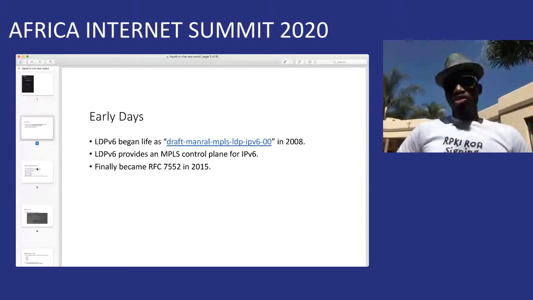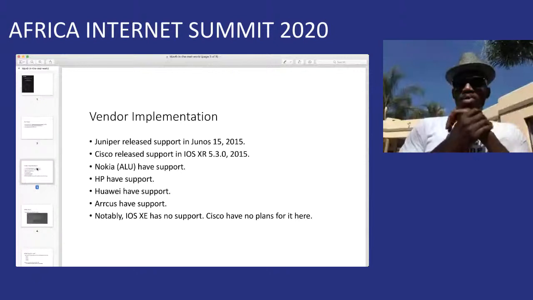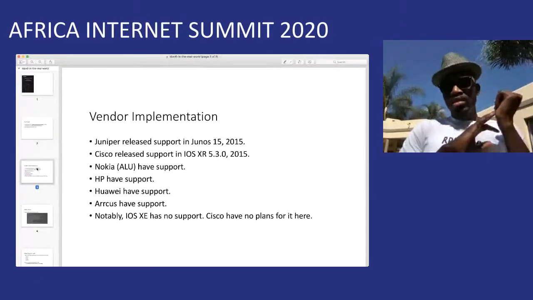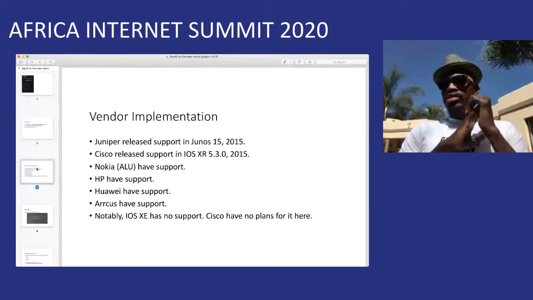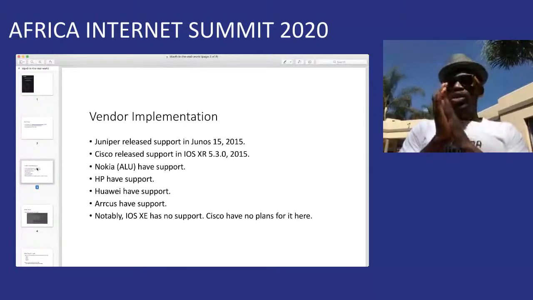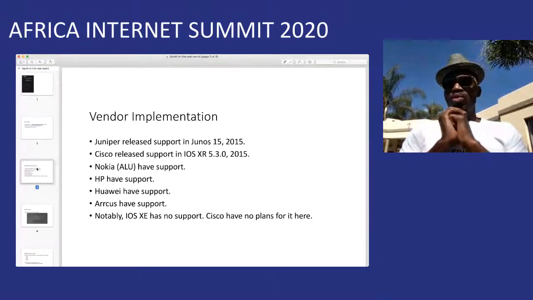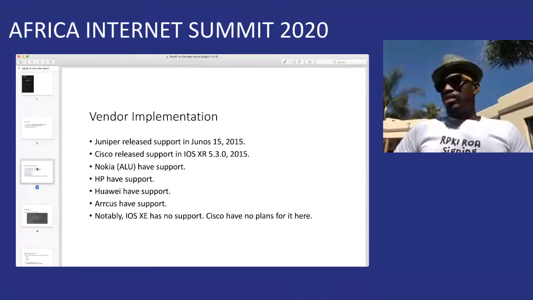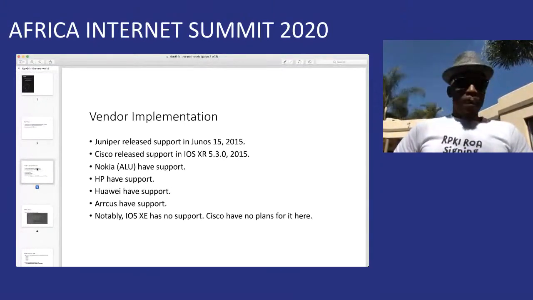So it's officially official. In terms of support across traditional vendors, Juniper have had it since 2015. Cisco first released it on their XR platform in 2015 as well. Nokia also do have support, as well as HP and Huawei, as well as Arcus, for those of you who might know the new outfit from San Jose.